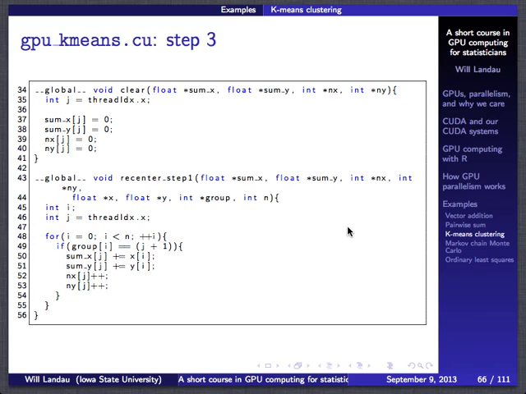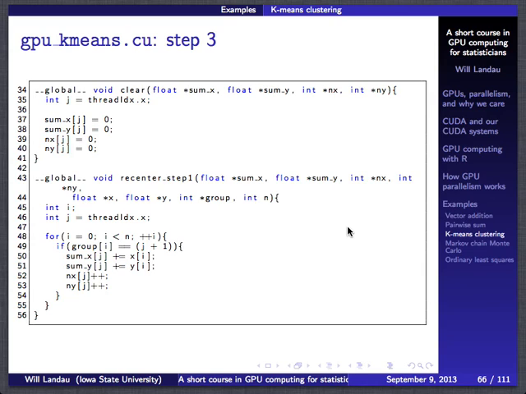So these are of length capital K, or lowercase k in the code sense. nx and ny keep track of the number of points that I have in a particular cluster. I don't know why I chose one for the x direction, one for the y direction. I didn't really need to. But the point is, I have to have them all start at 0, and I have an entire kernel just to do that.